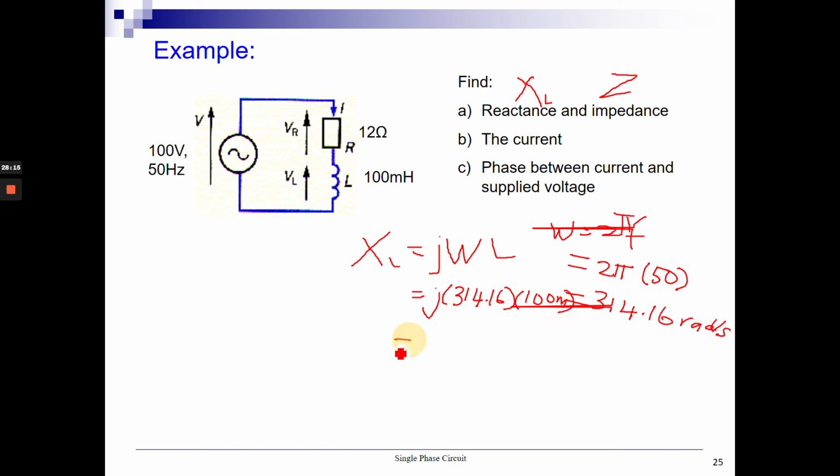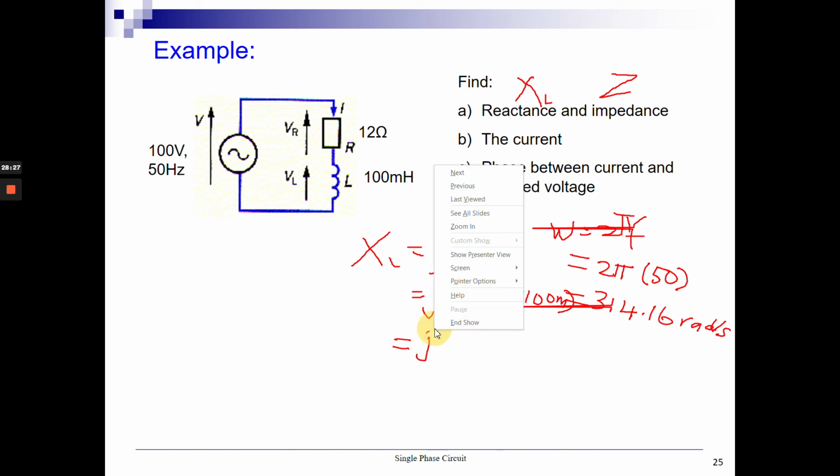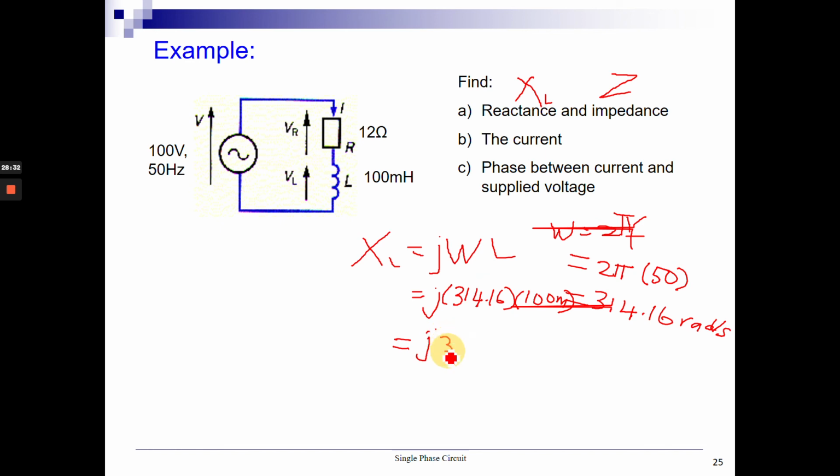So you will get j 31.42. So what is your impedance?